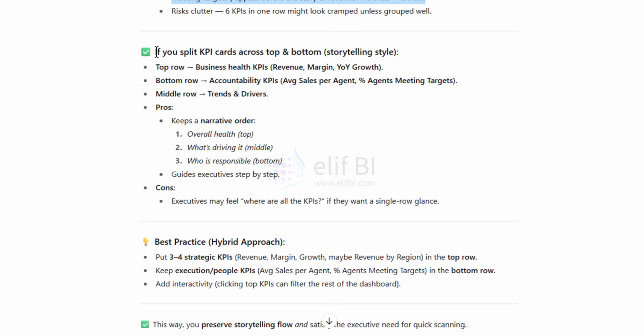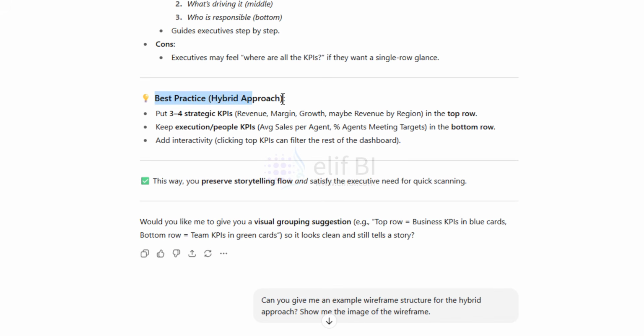And then it tells me the possibility, if I split the KPI cards, what are the pros and the cons? So the best practice, with which I went forward in my dashboard, was that I will put the strategic KPIs at the top, then I would keep the execution or the people's KPIs at the bottom, so that the storytelling flow remains smooth.